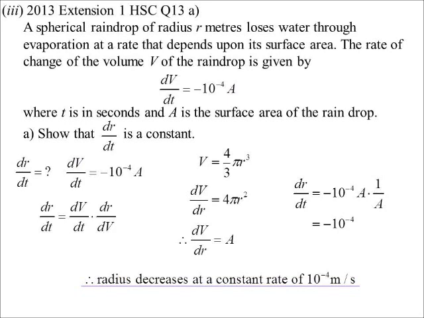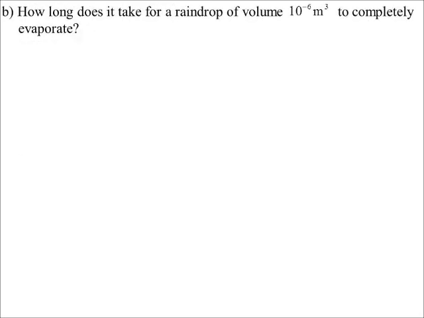Okay, so that was the first part of the question. How long does it take for the raindrop, whose volume is 10 to the negative 6 metres cubed, to completely evaporate? We want that volume to go down to 0. We now know dr dt is minus 10 to the negative 4.